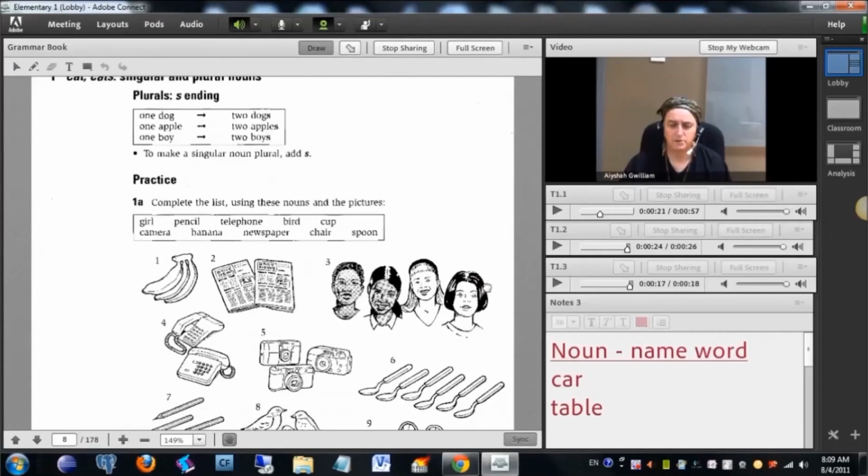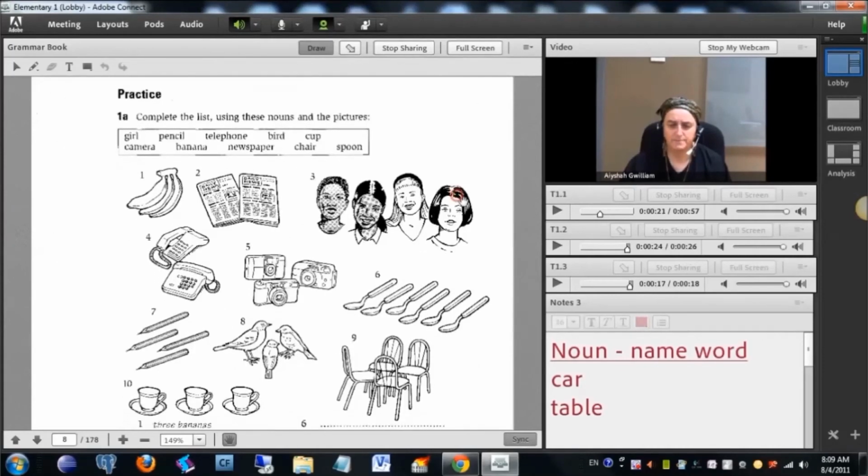There are some pictures here, and here are the words and the spelling for these pictures. I want you to match the picture with the word, but I want you to write it as a plural. Okay? Because we have 1, 2, 3, then we will say 3 bananas. Okay?